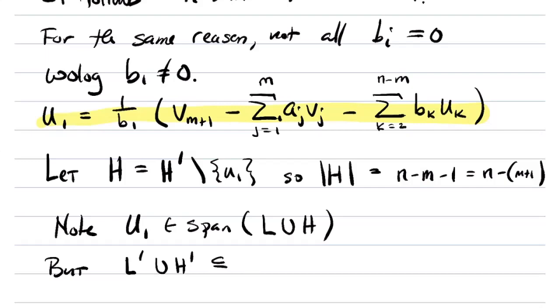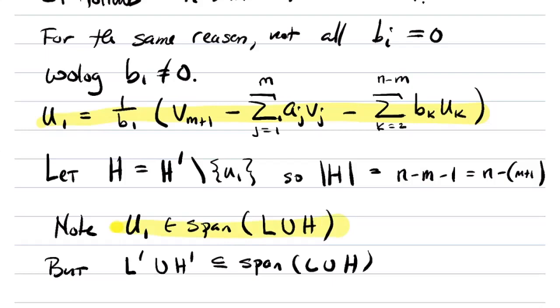But L prime union H prime is certainly a subset of the span of L union H. That's because the one and only vector that's missing here, U1, happens to belong to that span.